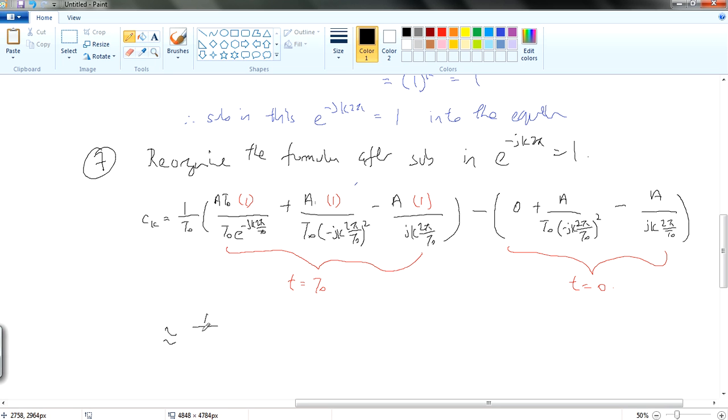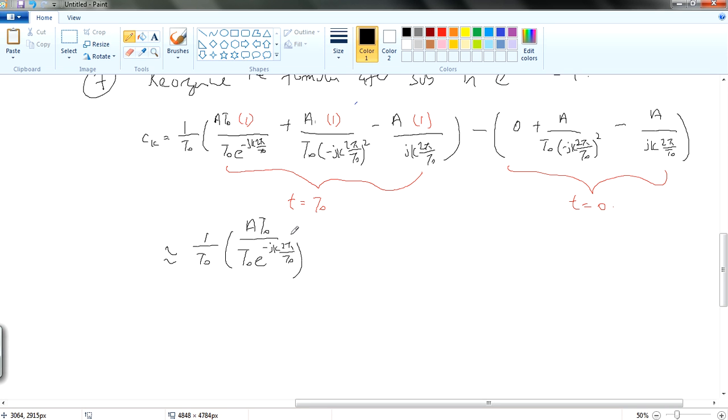Therefore, we have 1 over t naught a t naught e minus jk 2 pi t naught. I mean, the bracket should be longer. And then, since this is the t naught, we can cancel. And we are left with 1 over t naught a e minus jk 2 pi t naught.